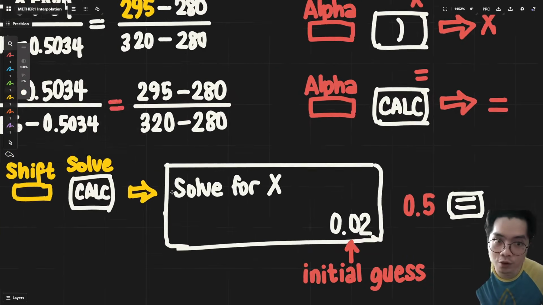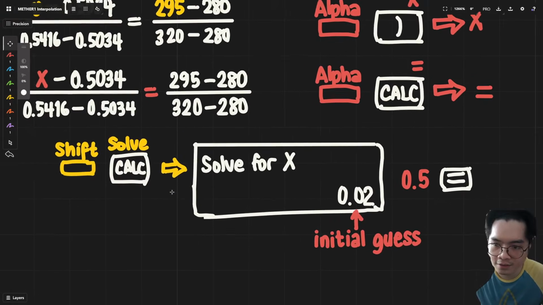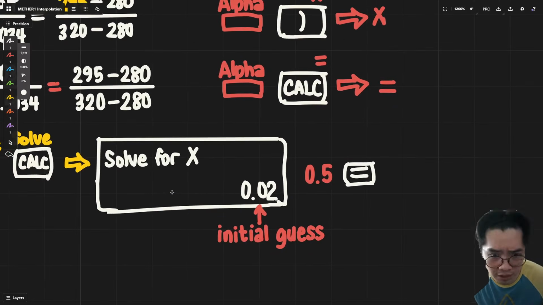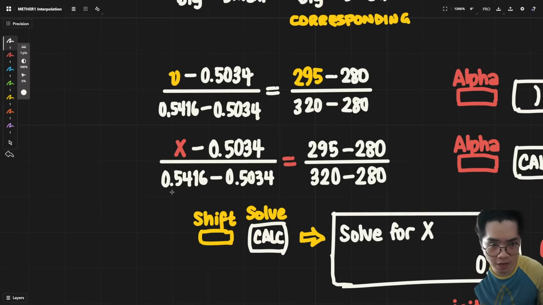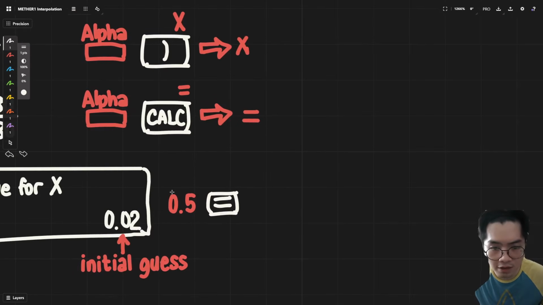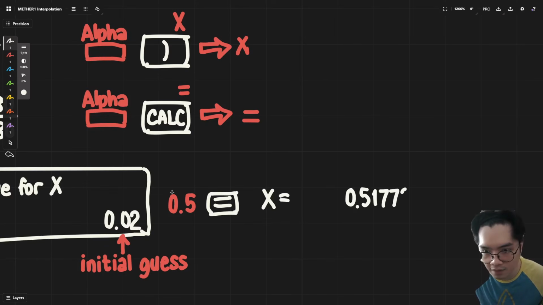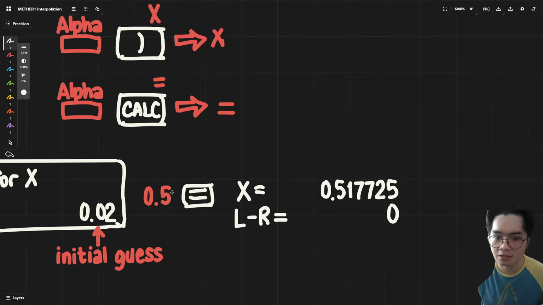So, if you have a little guess as to what the answer should be, you should probably put it in. But in this case, this is what we call a linear equation. You only have here an x, and this is pretty easily handled by the calculator. So what the calculator will give you is this value of x, which on my end is given as 0.517725, and this thing is L minus R is equal to 0.